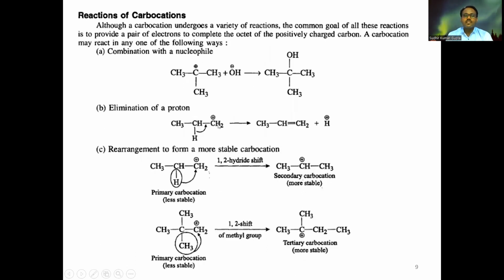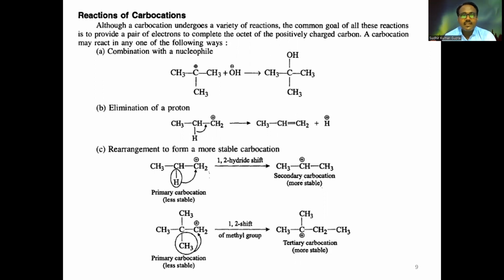Now, if we want to see the reactions of carbocations, these carbocations are electron deficient species. Since they are electron deficient, they can easily combine with nucleophiles. They are basically electrophiles.